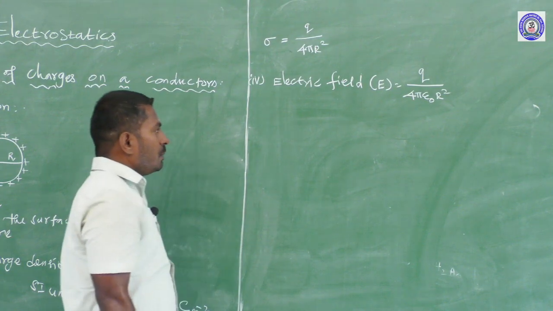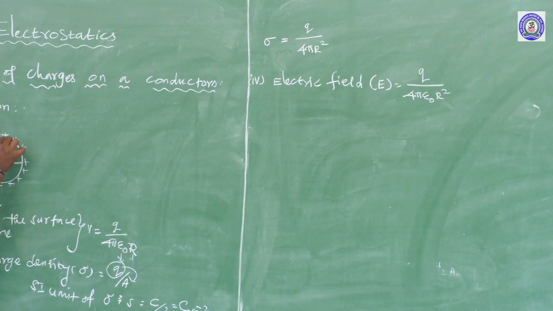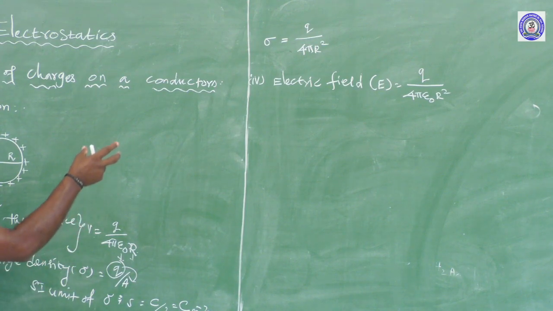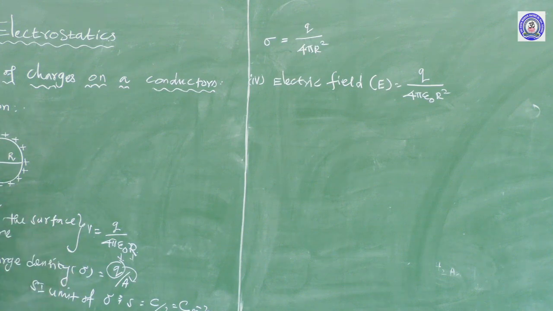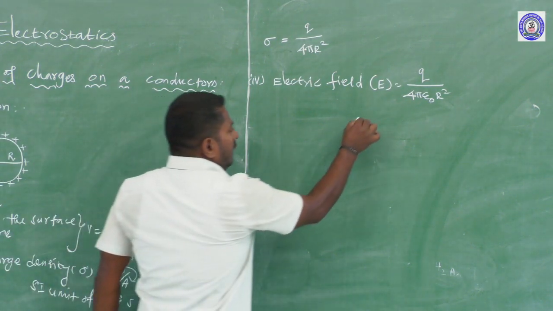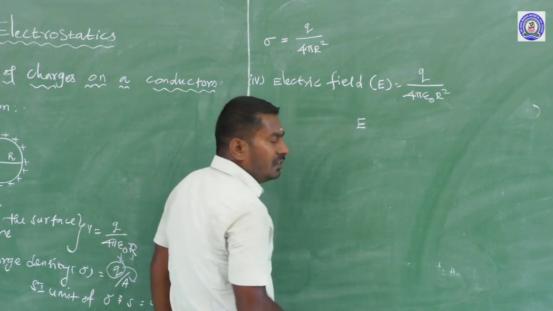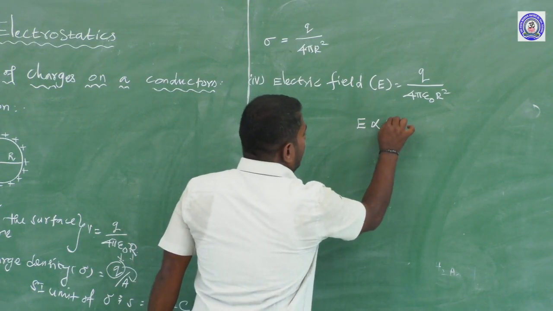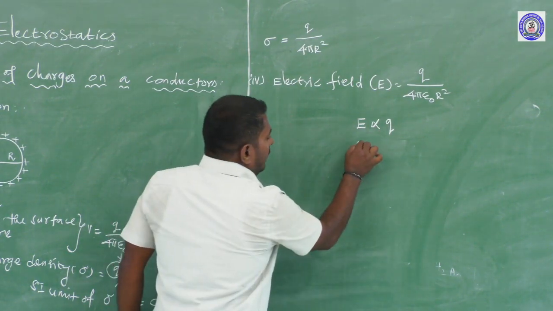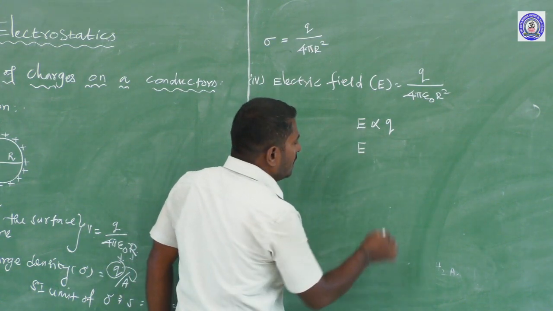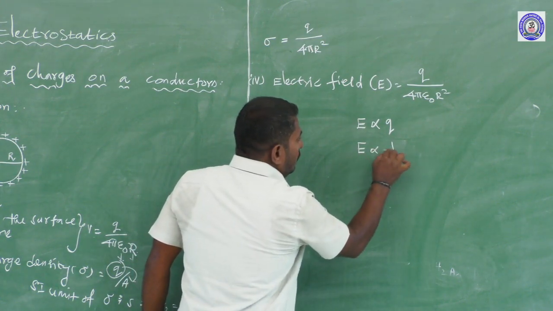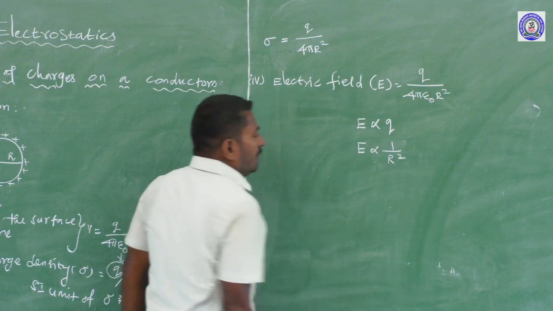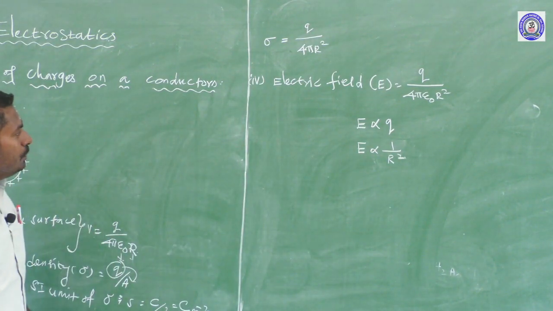It is an expression to represent the electric field at the surface of the metallic sphere. Electric field E is equal to Q divided by 4 pi epsilon naught R square. The electric field at the surface of the metallic sphere E is directly proportional to charge, and the electric field intensity E is inversely proportional to the square of the radius of the metallic sphere.